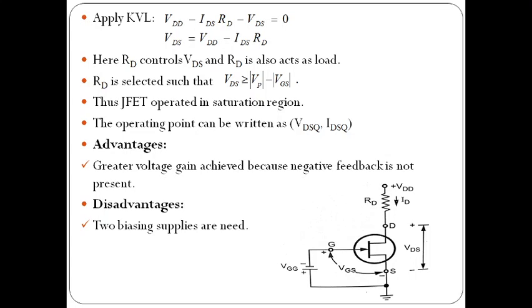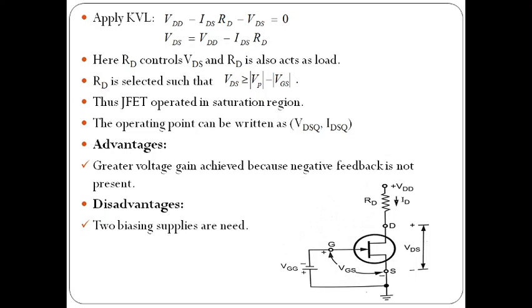Here we are not considering the RG value, because I am not keeping the gate resistor, so there is no purpose in this biasing. Sometimes in some problems you may observe an RG value, but there is no specific purpose here.